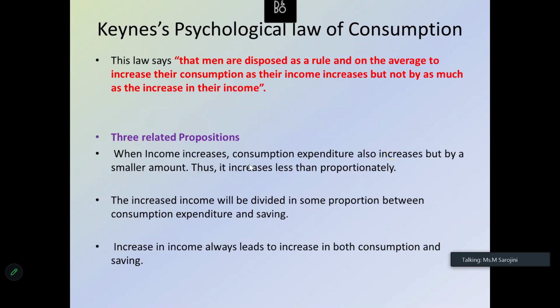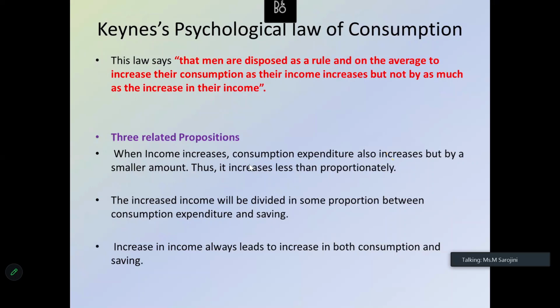Keynes's psychological law of consumption further explains that men are disposed, as a rule and on the average, to increase their consumption as their income increases, but not by as much as the increase in their income.